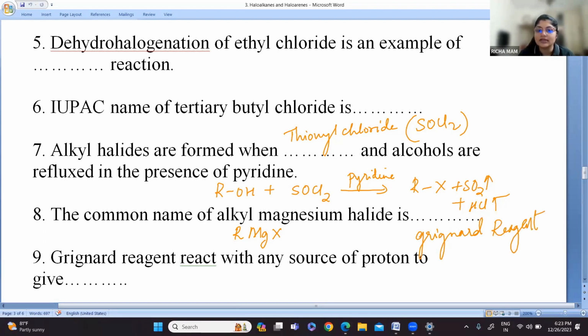Good, the answer is right. So the common name of alkyl magnesium halide is Grignard reagent. Fine. Moving further, next question.